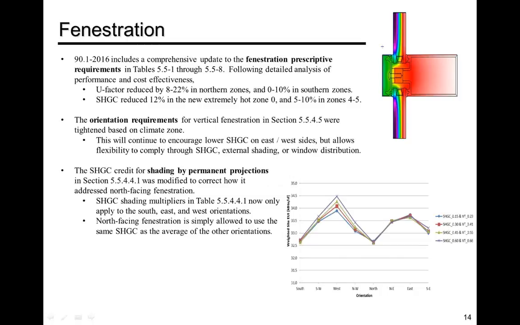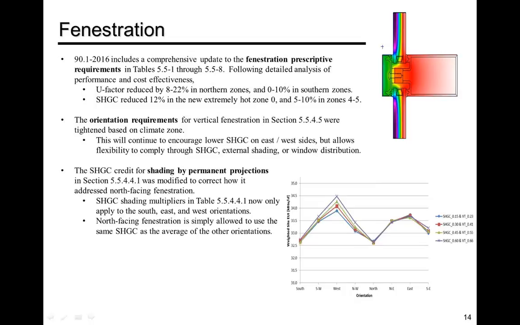So now moving to the envelope, there's a lot of work been done in the area of fenestration, the prescriptive requirements in tables 5.5-1 through 5.5-8. We reduced the U-factor for the northern zones by 8 to 22%, and in the southern zones 0 to 10%.